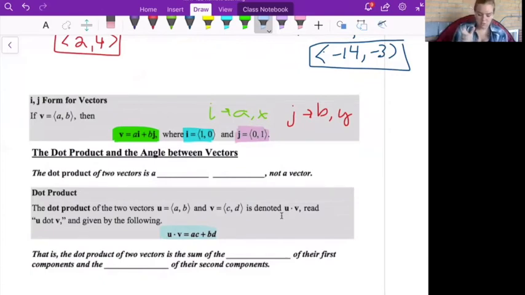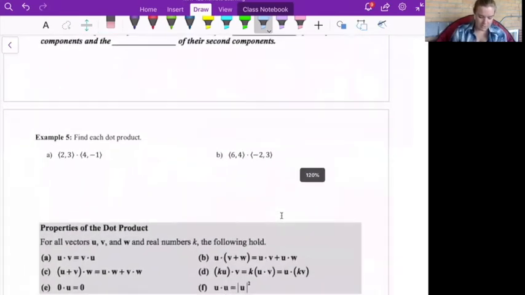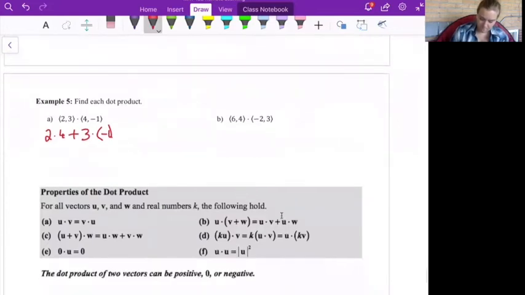Dot products give you a number, not another vector. So if we want to take the dot product of these two vectors, what is going to happen is we're going to have 2 times 4 plus 3 times -1.